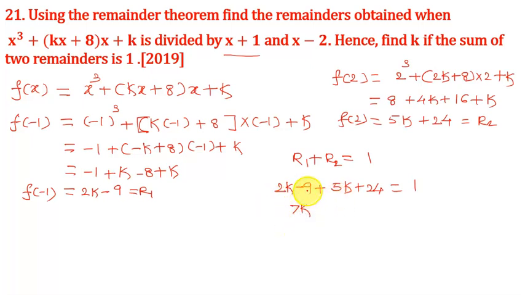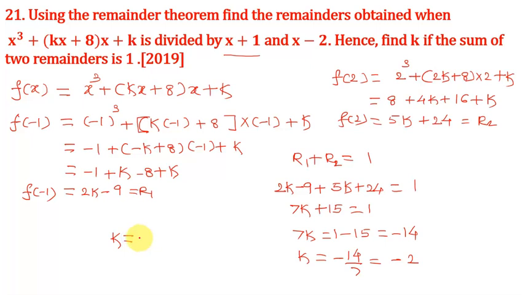Minus 9 plus 24 is 15. 15 plus 7k is equal to 1, so 7k is equal to 1 minus 15, that is minus 14. Therefore, k is equal to minus 14 upon 7, that's equal to minus 2. And hence the value of k is minus 2. This is the answer.